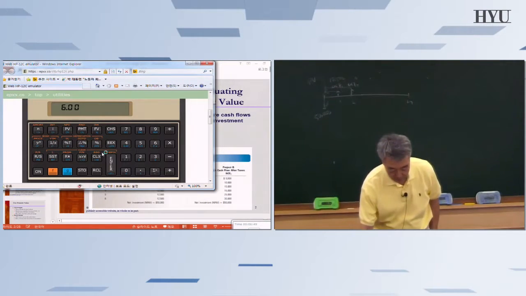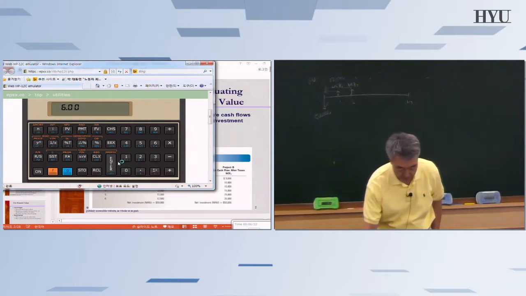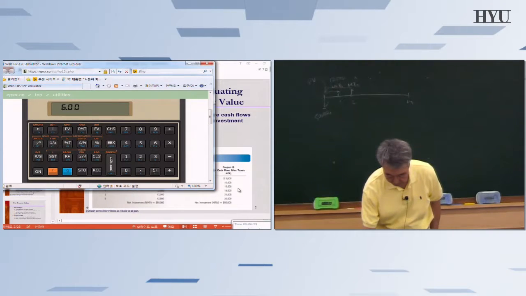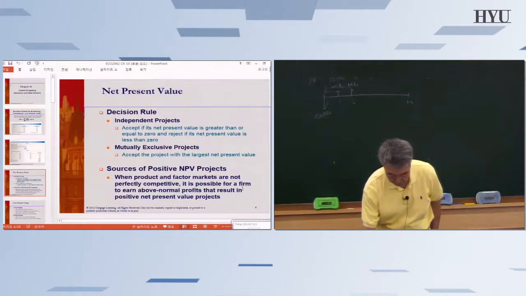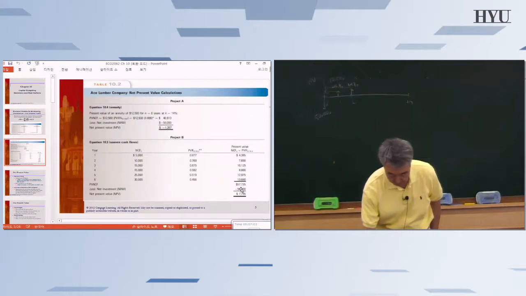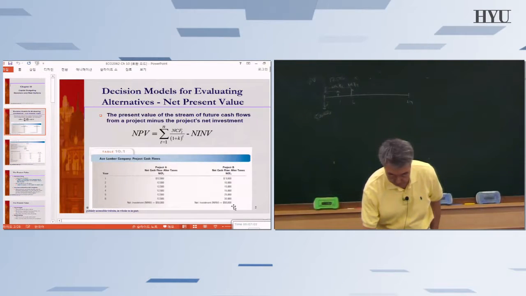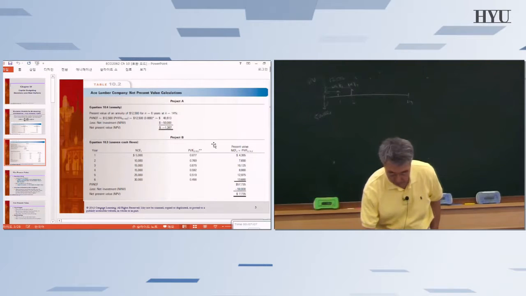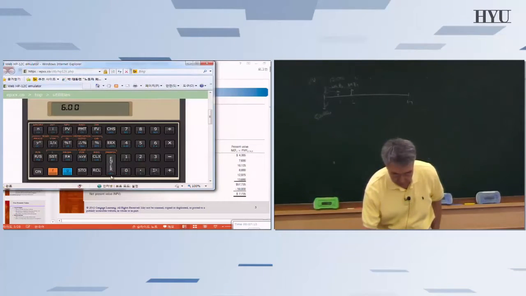And then you need to enter the interest rate. According to the textbook, the interest rate is 14%. If you go back, the textbook calculation is here. K is 14%, so just enter 14.